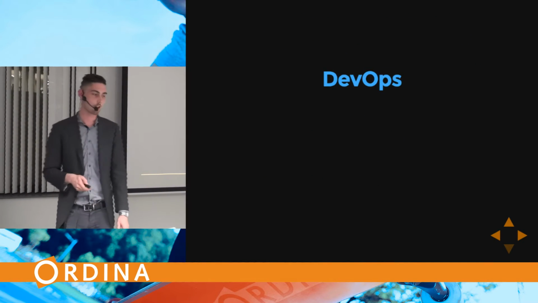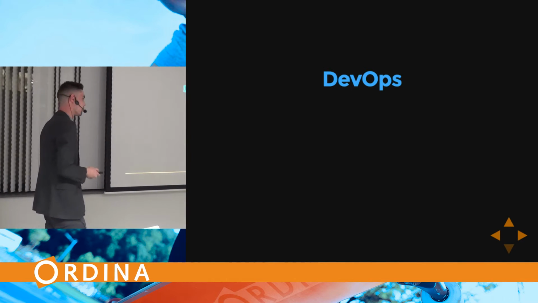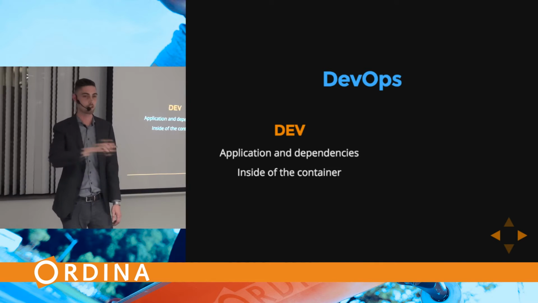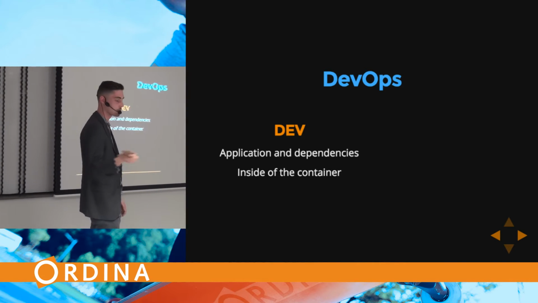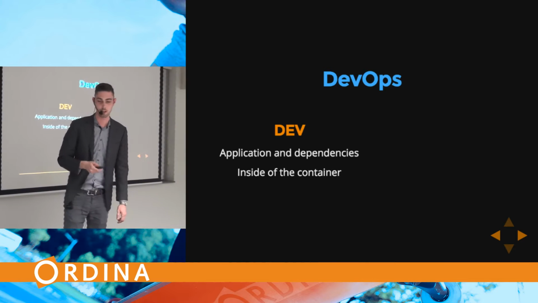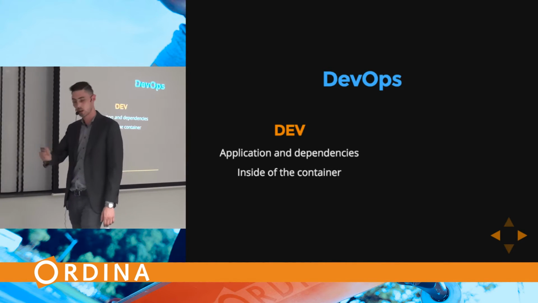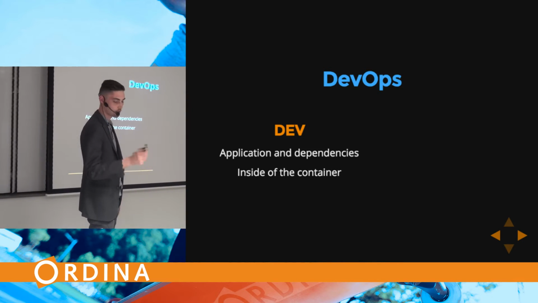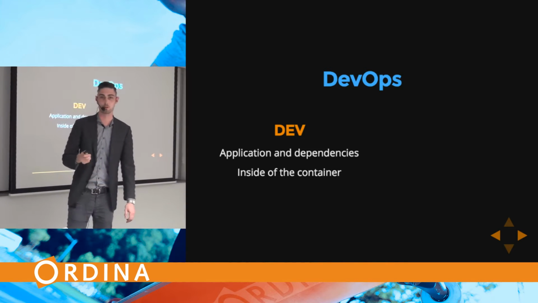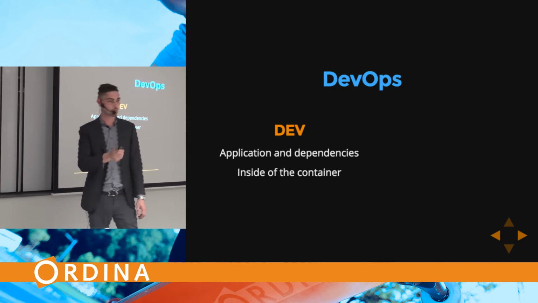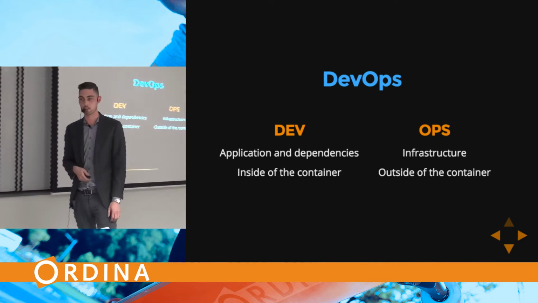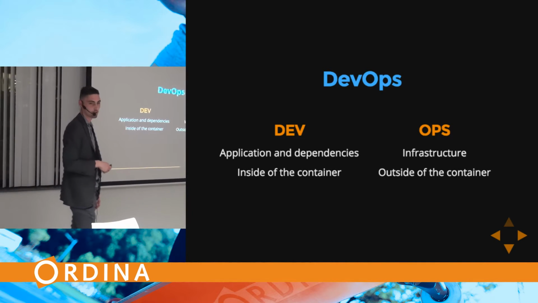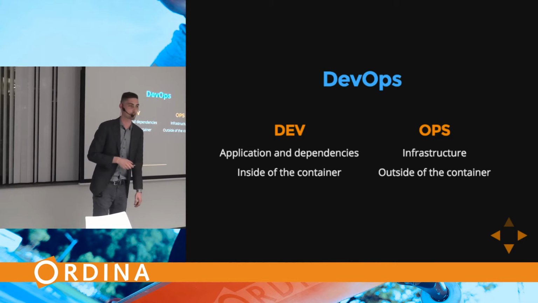DevOps. There's a lot of benefits for DevOps. One, the developer only has to take care of what's inside the container, so he can choose whatever is inside the container. If he says, hey, I need Java 8 or I need Node.js, and I also need Ubuntu or whatever, you can just put it inside the container and then give that container to the ops engineer, and the ops engineer does not have to care anymore about what technologies it uses.